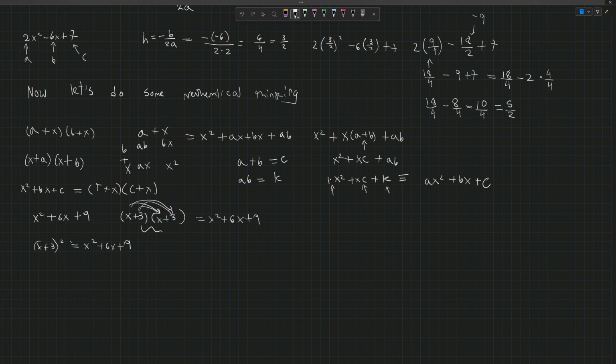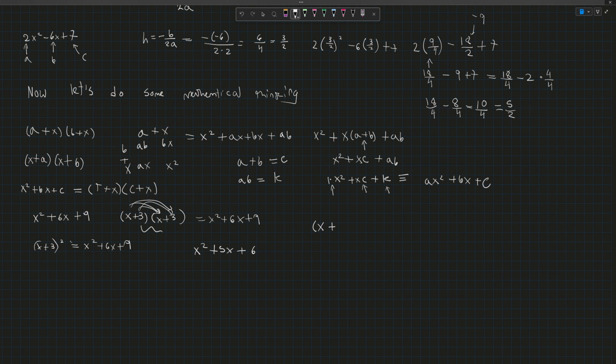But of course, sometimes we get something that's a little bit harder. For example, something like this. And in this case, you could do it 2 ways. You could essentially take a guess. You're like, okay, what number plus another, or I did a terrible example. That's way harder. Let's do something like x squared plus 5x plus 6, right?